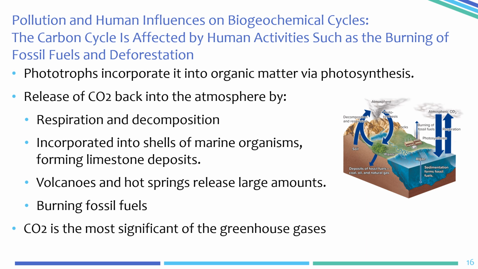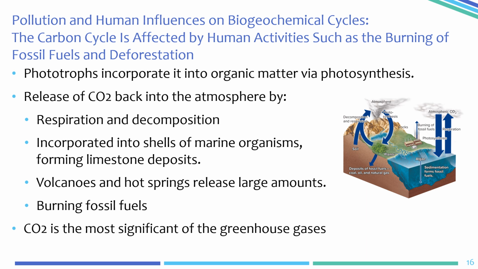So the carbon cycle is probably the biggest one, the most important one, because carbon is going to be our energy source. Ultimately, carbon dioxide is converted into glucose during photosynthesis, and that is the source of all of our chemical energy. We talked about greenhouse gases and briefly mentioned some sources of carbon dioxide.